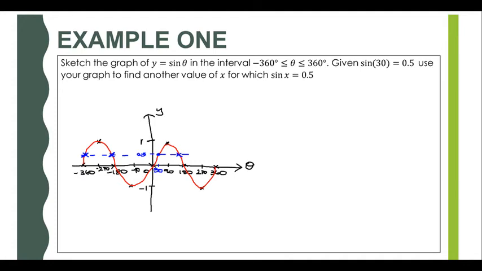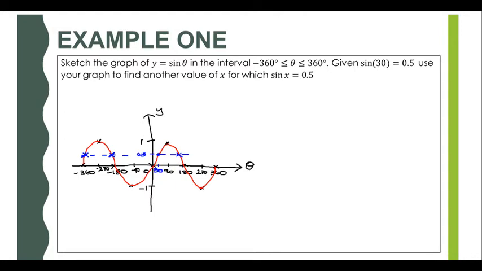We can now use the symmetry of the graph to work out each of these solutions. So if we look at this first one here, using the symmetry of the graph about this line here, if this distance is 30 degrees, we also know that this distance here is 30 degrees.